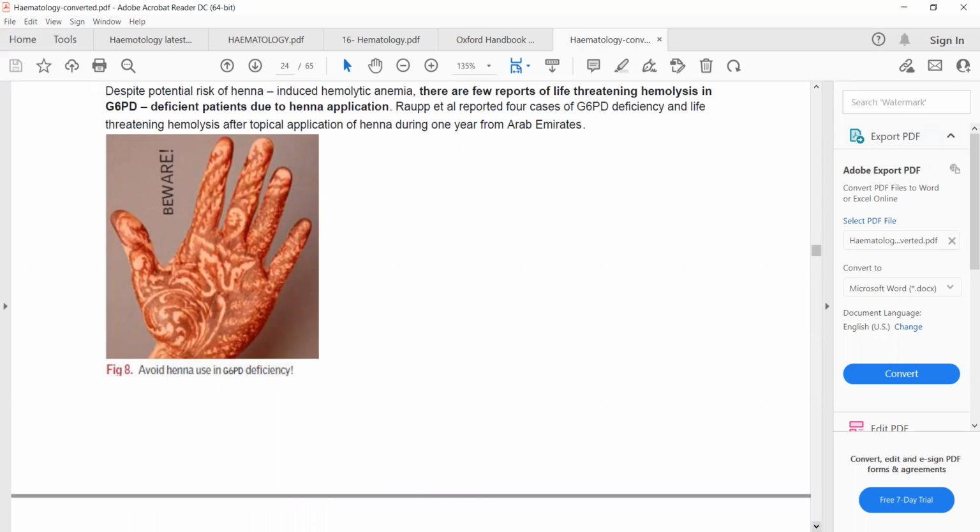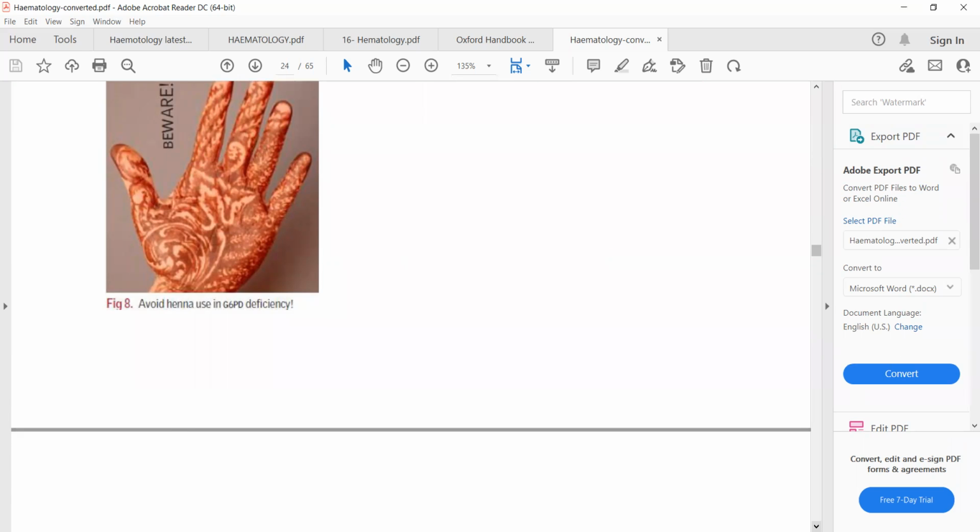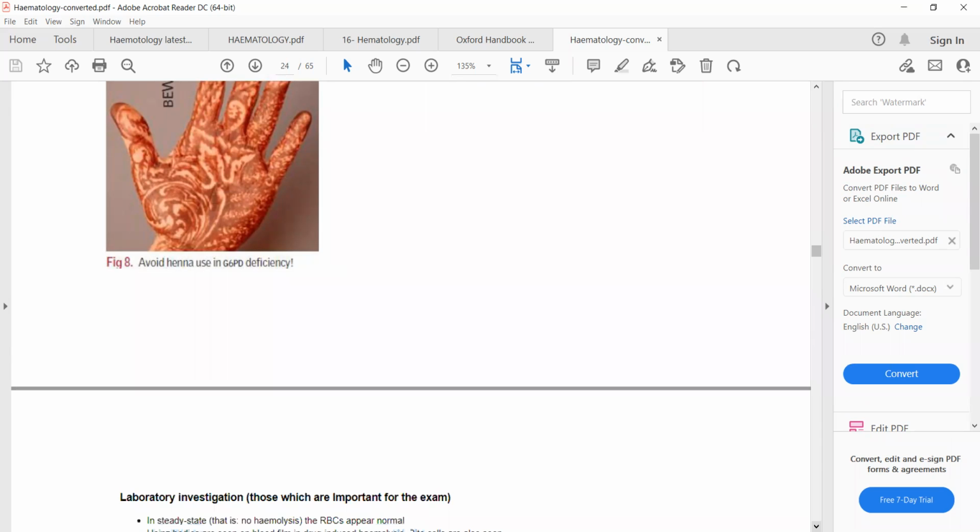They are very oxidative and can cause oxidation, so that's why the use of henna can precipitate hemolysis in patients with G6PD deficiency. Henna contains oxidative chemicals like fava beans, so that's why it should be avoided in G6PD deficiency.